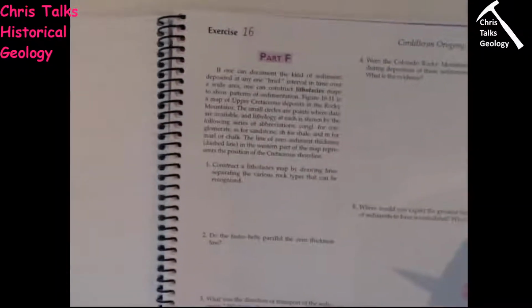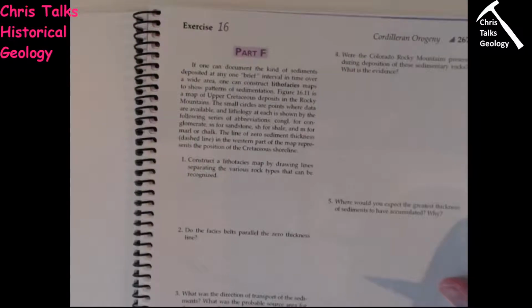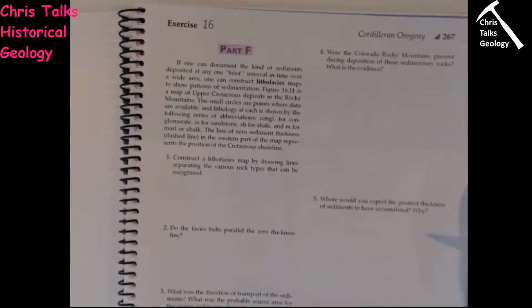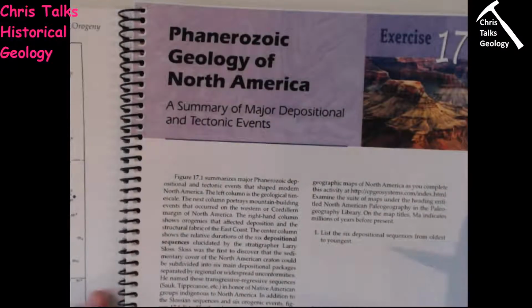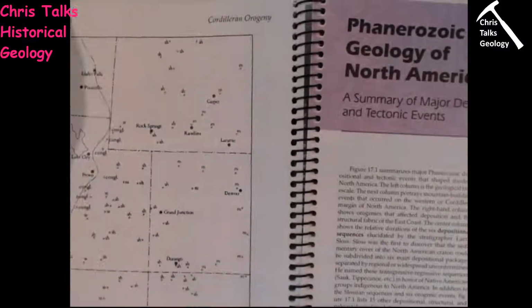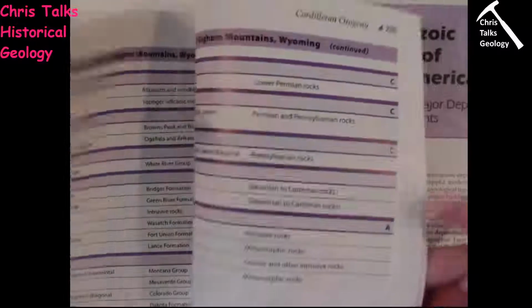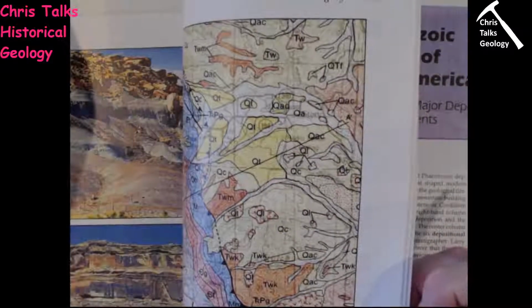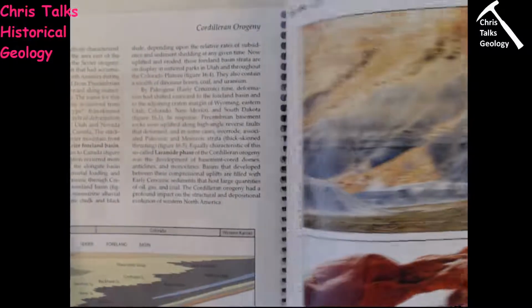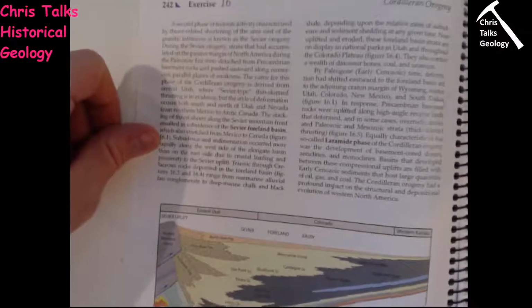And then finally we have question number 5. Question number 5 is, where would you expect the greatest thickness of sediments to have accumulated and why? Well, for this we actually need to go back several pages. So what we need to do is come all the way back to page, give me a second, we'll find it, page 242.